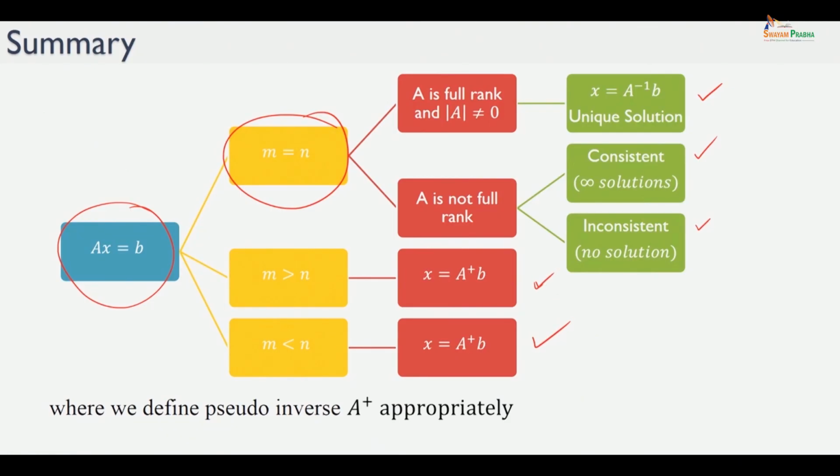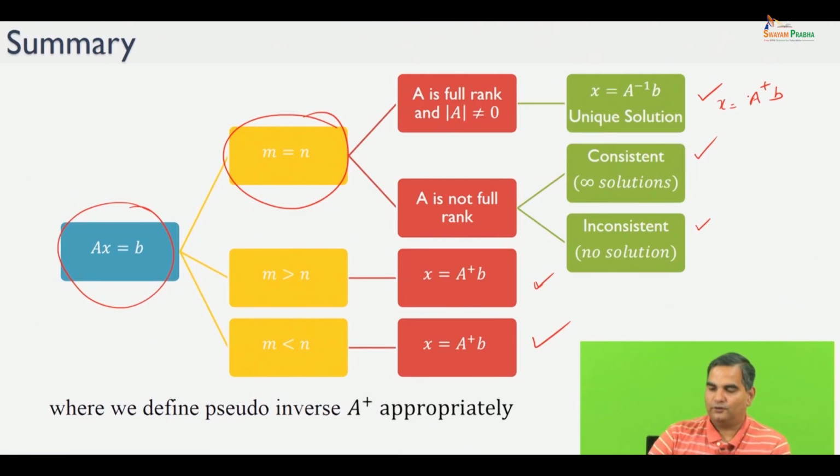We can write this as A inverse b, or I could also write this as pseudo inverse b. In this case, the pseudo inverse and A inverse will be exactly the same. And as I mentioned before, since these two cases are covered by these two, I should be able to use the same A pseudo inverse b for both these cases also, without worrying about whether they are consistent, inconsistent, and so on.